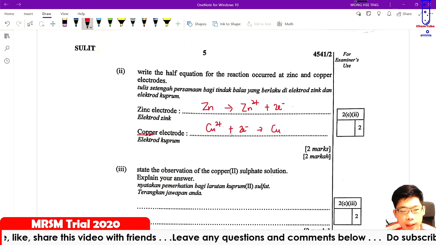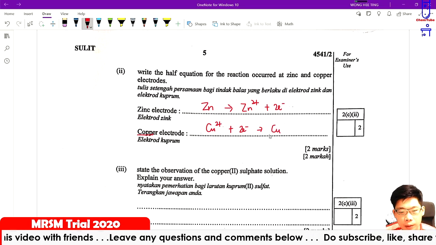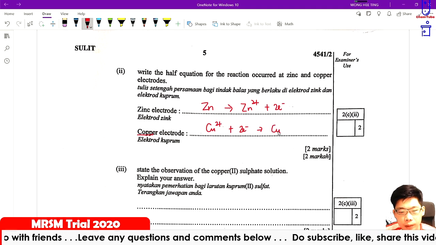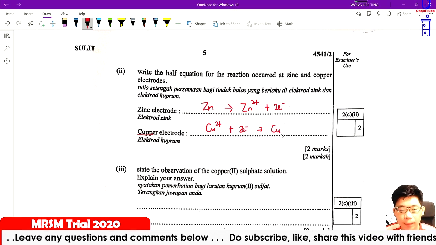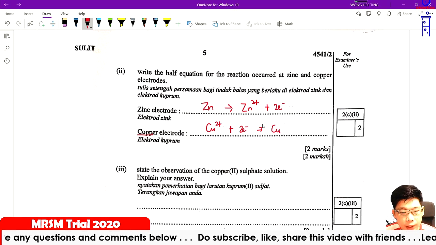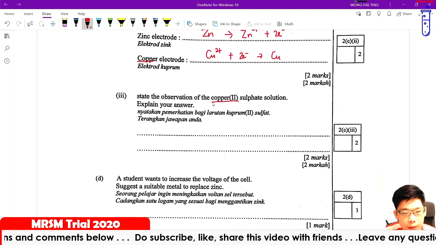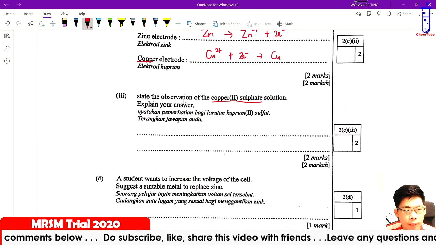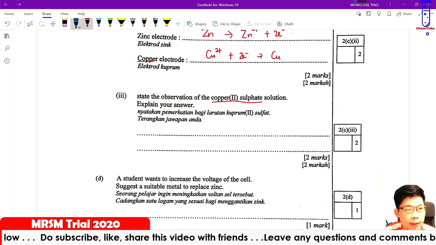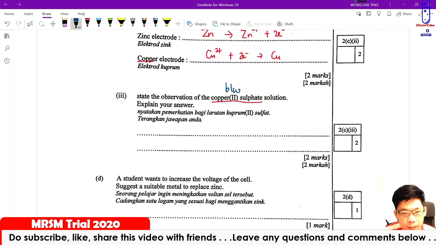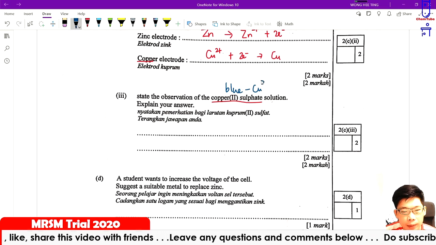So if the question asks you the observation, a brown solid is formed, or the copper electrode becomes thicker. This will be the observation. Now state the observation for the copper 2 sulfate solution. The copper 2 sulfate solution is blue because it contains copper 2 ions.